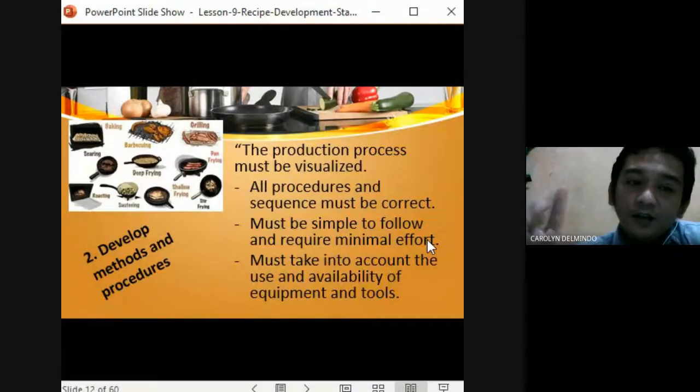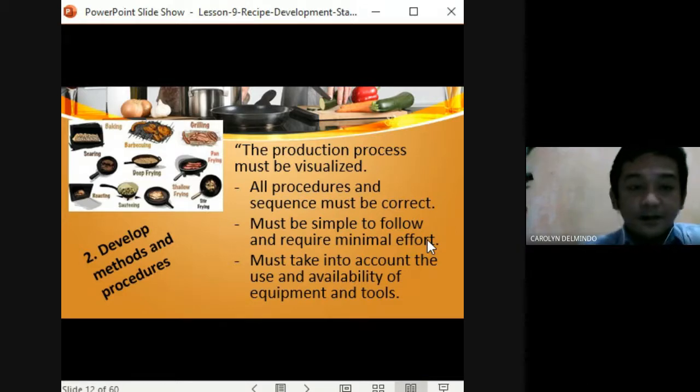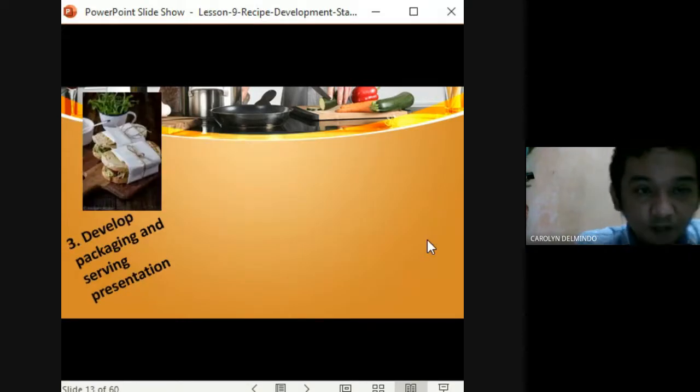Okay, again, do sa two, kailangan develop natin yung methods and procedures. So kailangan visualize natin kung ano yung gagawin nating procedure for this one, for certain recipe, and the methods how can we use. So, kailangan simple siya and available equipments. Okay? Let's proceed with the third one. Okay.